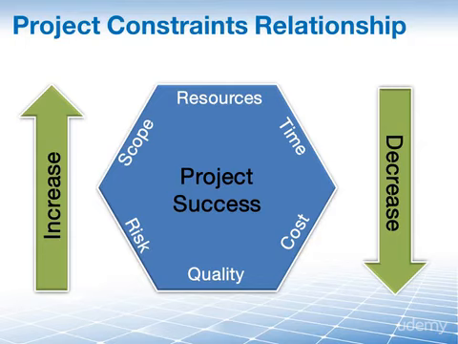To ensure project success, you must accept the clear fact in terms of the relationships between these constraints that if any one constraint changes, at least one other constraint is likely to be affected, and usually more than one is affected. Now let's take a look at each of these 6 competing project constraints and some specific examples of how a change in one can trigger or require a change in another.